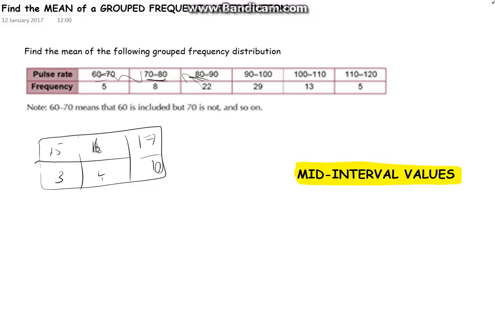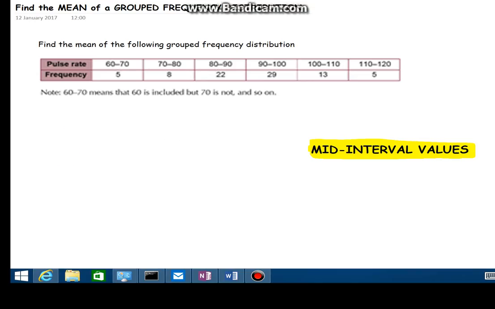And once we have them, we actually have to redraw the table. So it makes it a little bit easier now. So what are mid-interval values? As I said, we'll have to redraw our table. The mid-interval value is really the middle interval value.